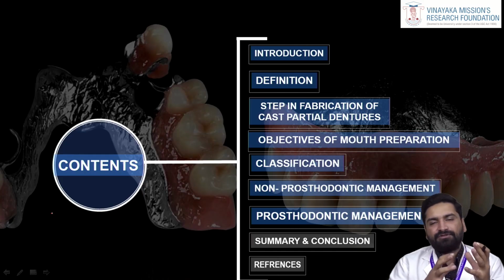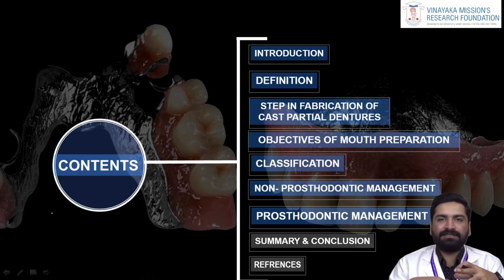Before you go for any prosthetic treatment, there are a few requisites which have to be followed before you start making the denture or any kind of prosthesis, and that stage of treatment we call the pre-prosthetic stage of mouth preparation. In this lecture we are going to mainly study the pre-prosthetic part, and in the next part it will be taken as the prosthetic part of mouth preparation.